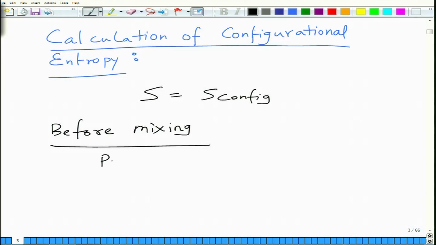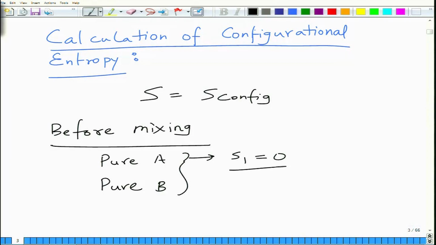we had pure A and pure B, and for both of these, S1 was equal to 0, because S is equal to K ln W, and W is 1 as long as it is pure A and pure B. As a result it is K_B ln 1, and this will be equal to 0.